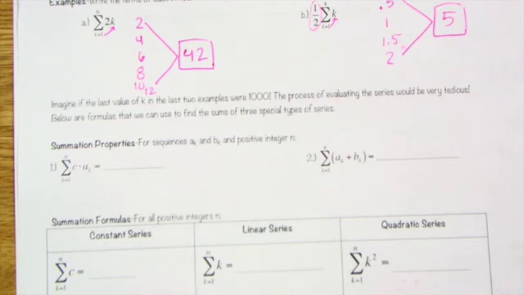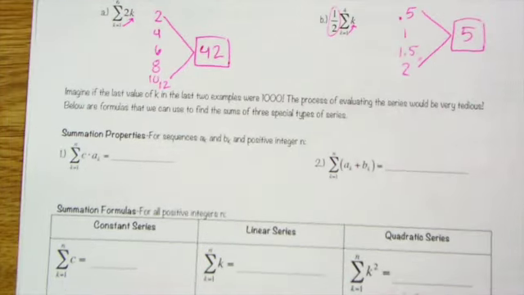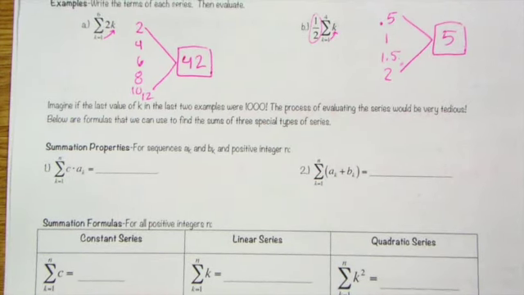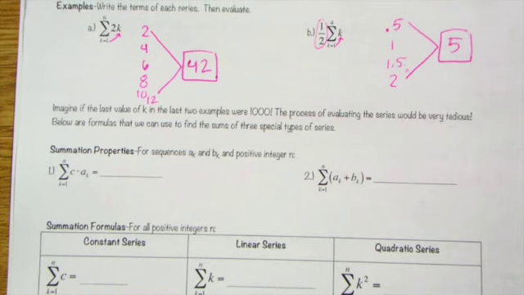Well, good news is there are formulas for this. So you don't actually have to do 1,000 things and add them all up. The process of evaluating a series would be very tedious if it were 1,000. So below are formulas that we can use to find the sums of 3 special types of series.